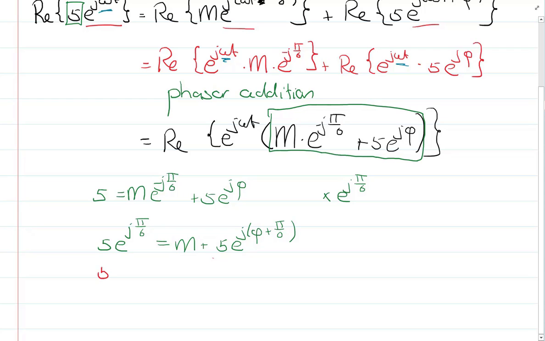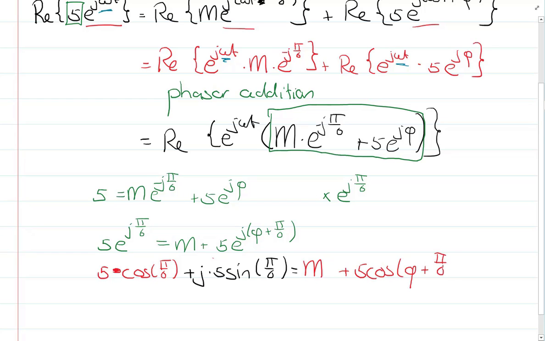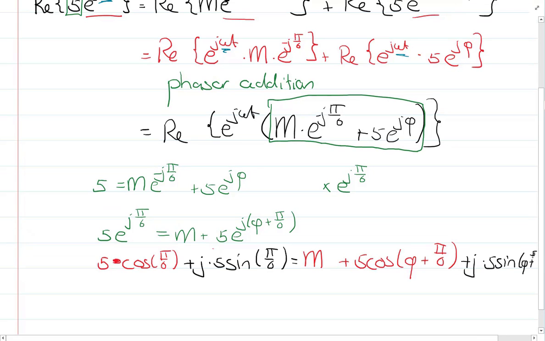We'll get 5 times the cosine of pi over 6 plus j times 5 times sine of pi over 6, which should be equal to the real m plus 5 times the cosine of phi plus pi over 6 plus the imaginary part 5 times the sine of phi plus pi over 6.